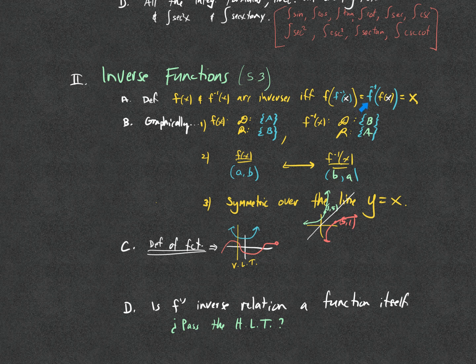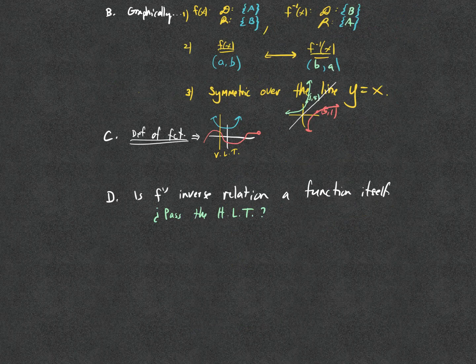The definition, how the domain and ranges swap, how for any point on one function, if you invert the coordinates, you'll have a point on the inverse, how there's symmetry on inverse relations over the line y equals x, like this exponential function and this log function, and how if a function's definition means that it has to pass the vertical line test, so the red is a function because any vertical line anywhere only hits 1 point, same for the blue, then the inverse relation, if we're just swapping the x's and y's, means that for any given function like this red one, its inverse relation is a function only if this one passes the horizontal line test.